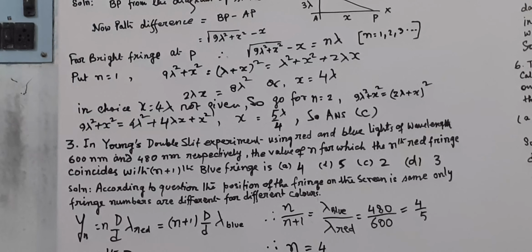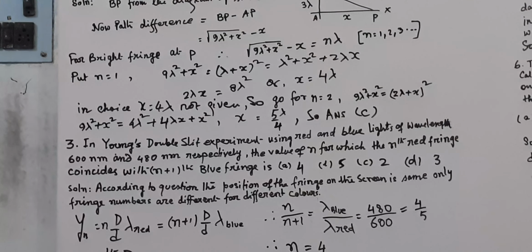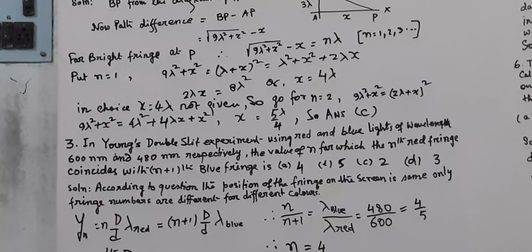In Young's double slit experiment, using red and blue lights of wavelength 600 nanometer and 480 nanometer respectively, find the value of n for which the nth red fringe coincides with the (n plus 1)th blue fringe. There are 4 choices.